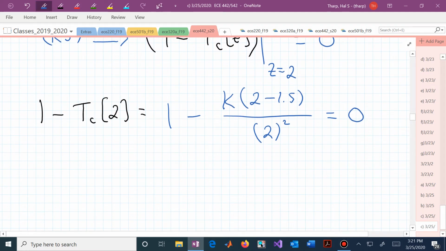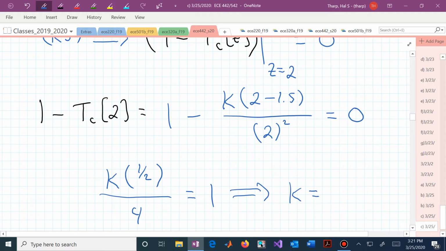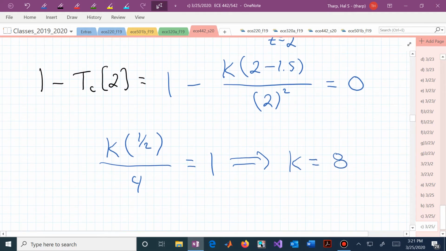If we look at this, we have k times 1/2 over 4, and that's equal to 1. You can see it different ways: k over 8 is equal to 1, so k must be 8.